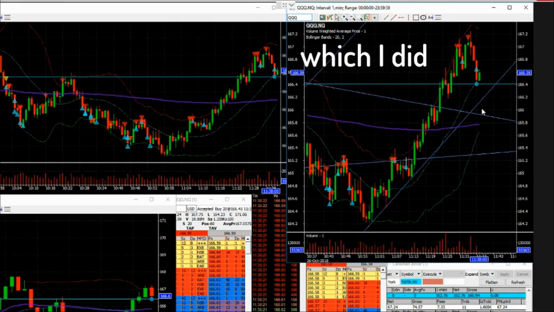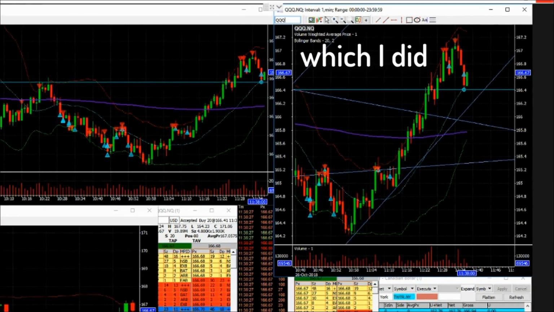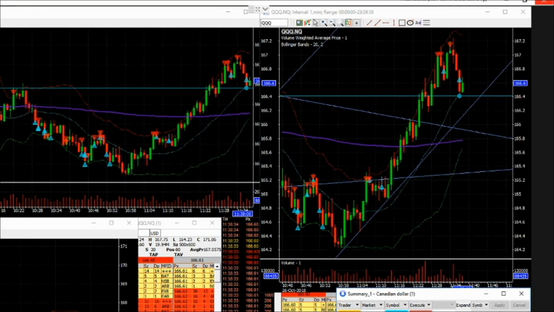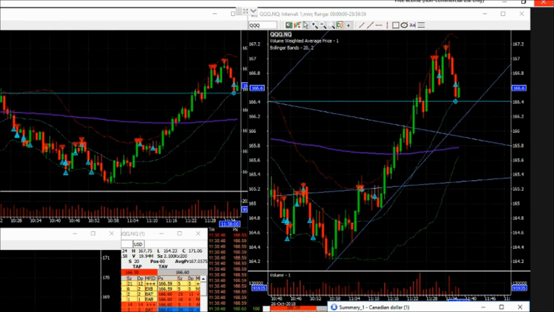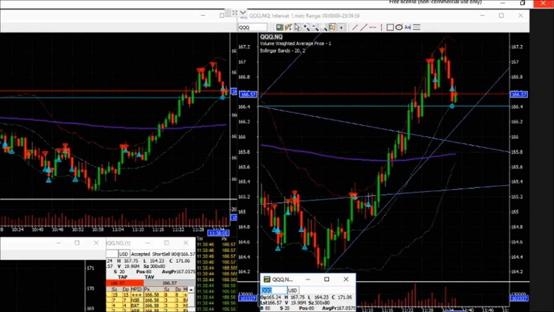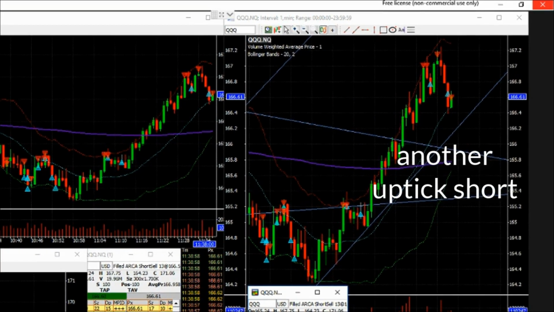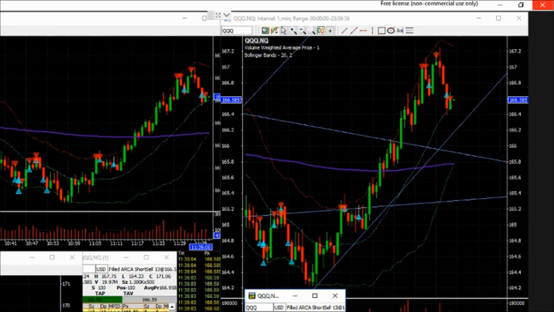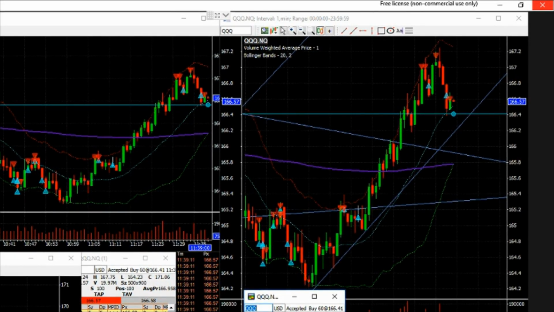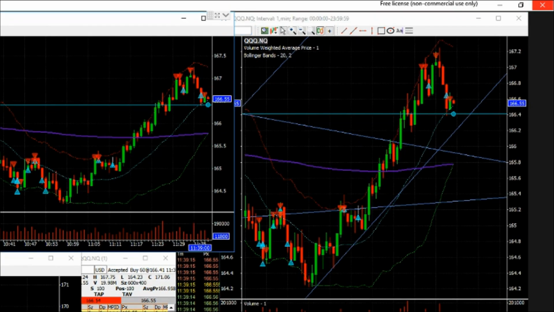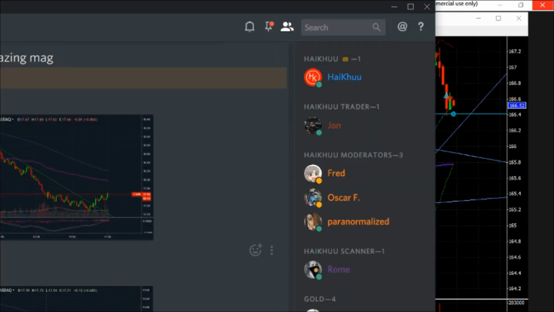But it all depends on the individual stock's characteristics and other things like volume and price action as well, depending on if there's news as well, and how well the QQQ and the market is doing in general. So those are all things that I take into consideration and use on a regular basis.